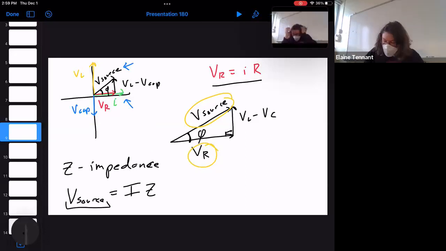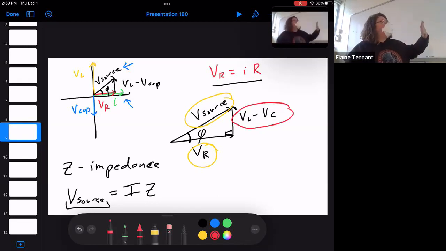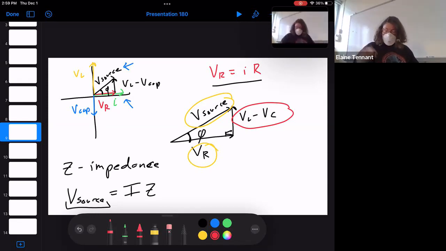Okay, looking at that, that would mean that I need this component to be 0 for that to work. So whatever my inductor is doing, voltage up needs to cancel out with voltage down. And that way, my source voltage and my current through the circuit will be completely in phase.